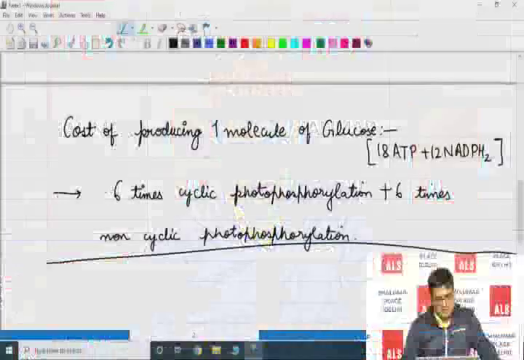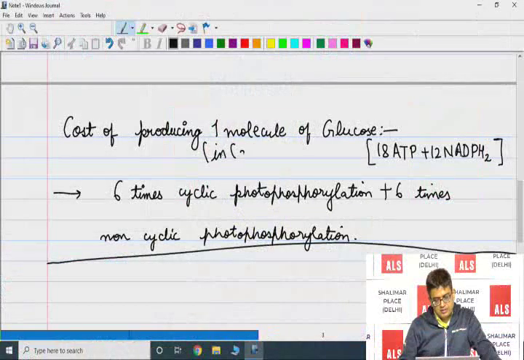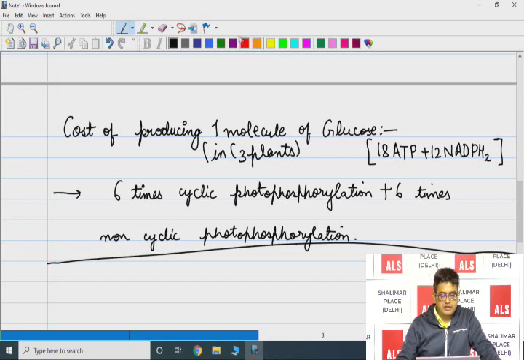The cost of making glucose in C4 plants is 30 ATP, 12 NADPH2. And now please see this here. I have just told you that in C3 plants, let's write, in C3 plants it is 18 ATP and 12 NADPH2.